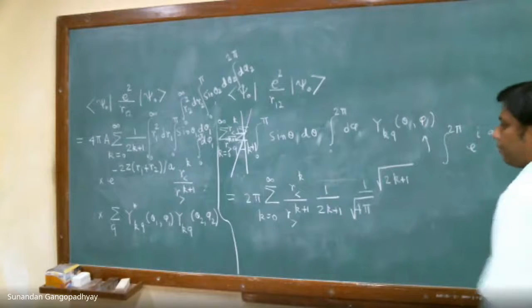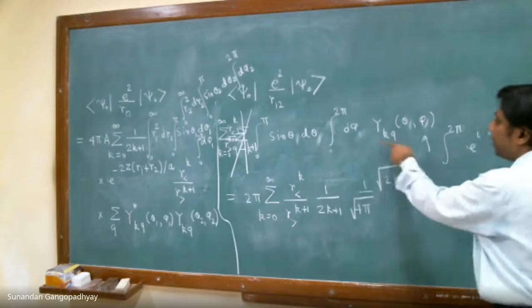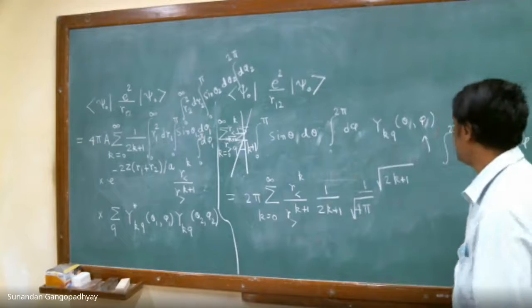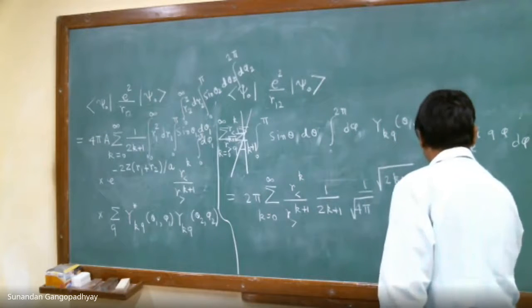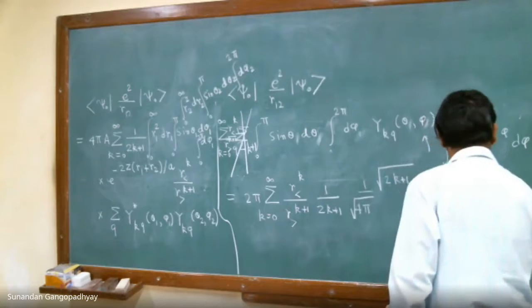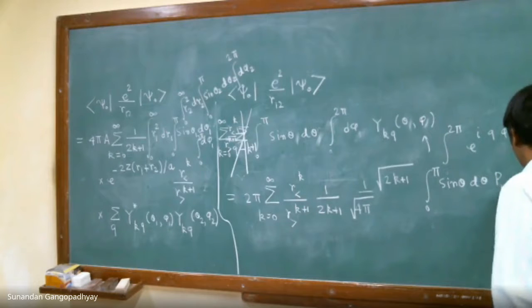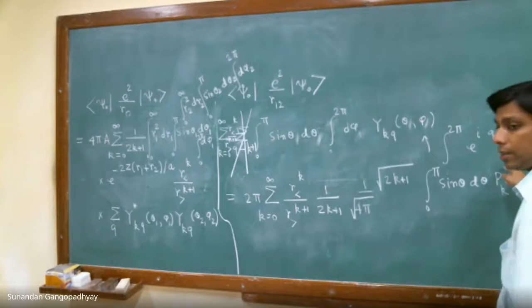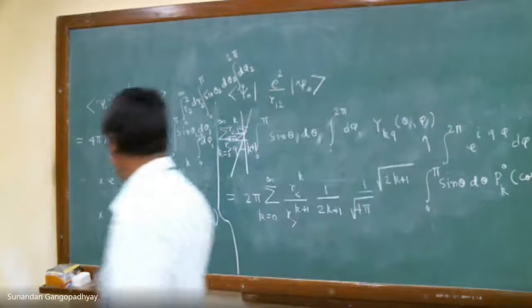So this is what you have, coming from this Ykq when you write it in terms of the associated Legendre polynomials. And then you have the integral from 0 to pi sine theta d theta, and then we have Pk, q is 0, so this is 0, and then we have cosine of theta. So this is what we have.